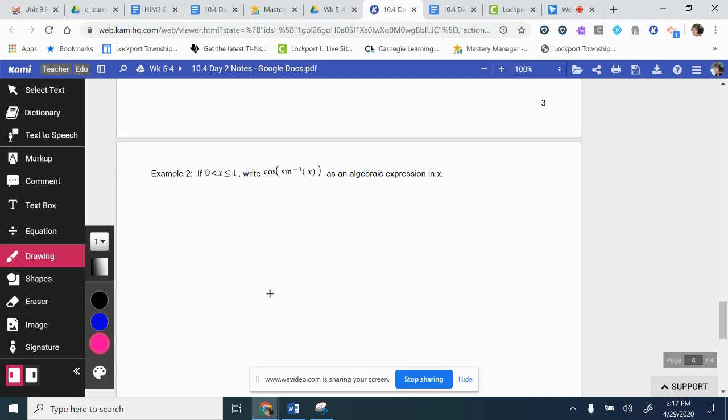So let's see. Because we're talking about the arcsine here as our initial function, we know that the outputs for the arcsine, regardless of what x we give it, have to be in between negative pi over 2 and pi over 2, just like we did in that last part of the previous problem.